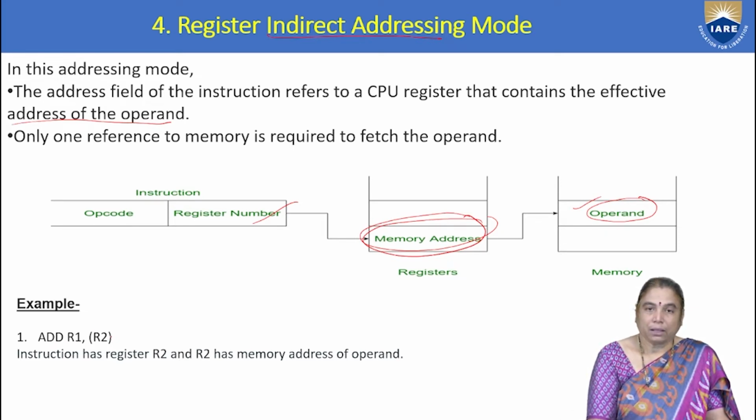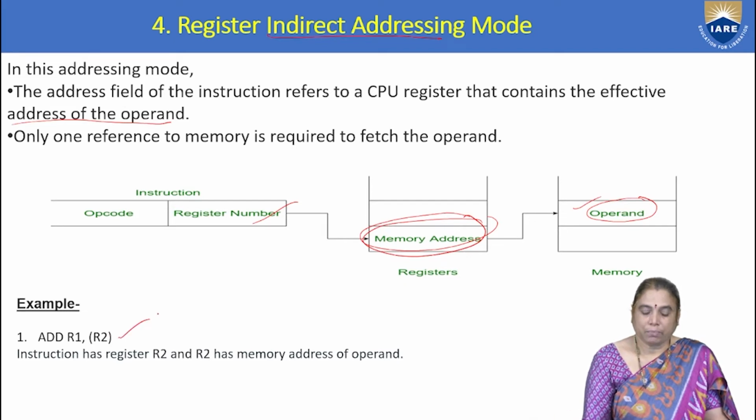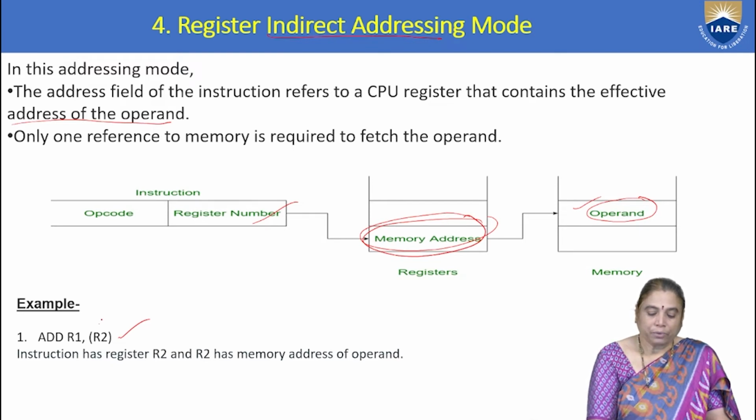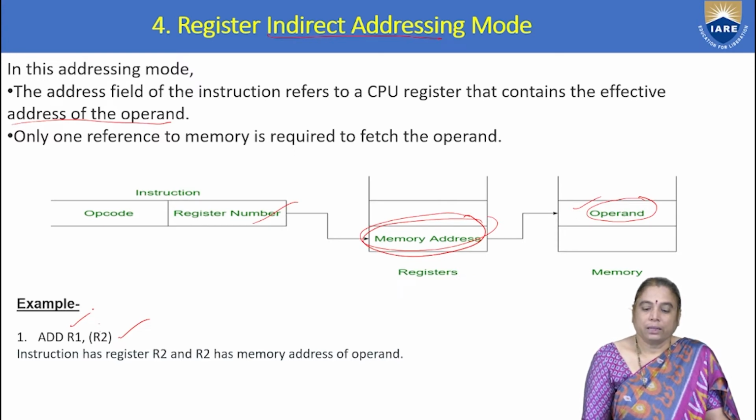ADD R1, (R2), with R2 within parentheses. In the register R2, a memory address is stored. The system has to refer to that memory address in order to locate the data. The data at the memory address specified by R2 is added with the data in register R1 and the sum is stored in R1. In this way, the register indirect addressing mode can be used.